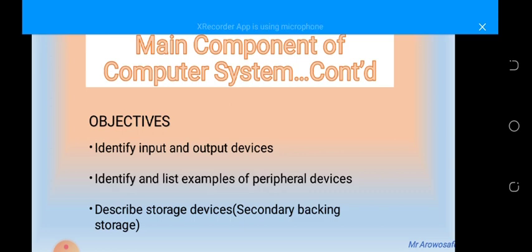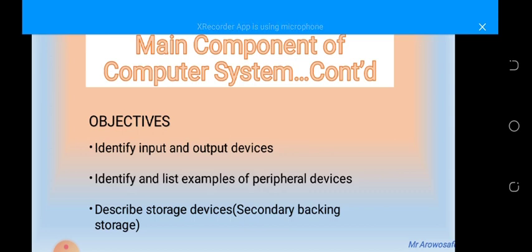So at the end of today's lesson, we are going to learn how we can identify and list out some examples of peripheral devices. The last objective, the third one, is the description of storage devices, which is a secondary backing storage.